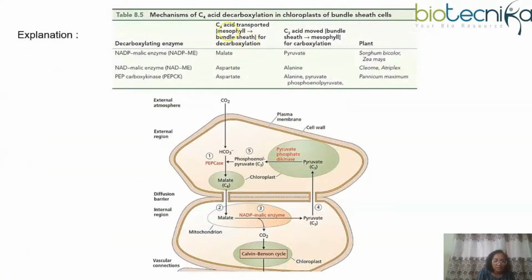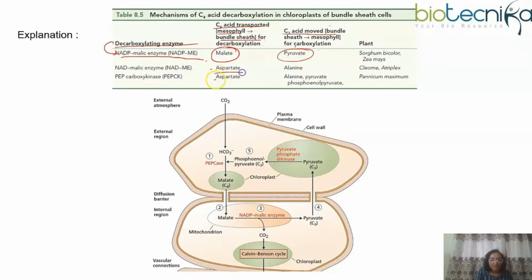So, you can see here, this is the decarboxylating enzyme, NADP malic enzyme. Here the C4 acid which is transported from outer mesophyll to inner bundle sheath is malate, and the C3 acid which is moved from bundle sheath to outer mesophyll is pyruvate, right? So that was what statements A and B were. So A and B statements are correct.